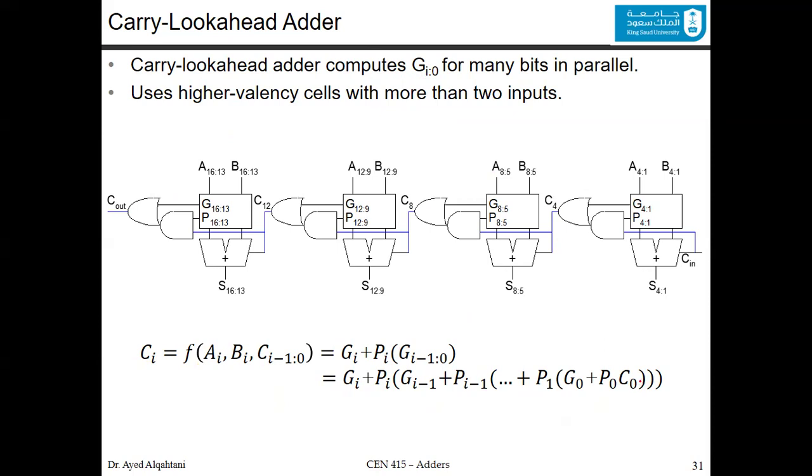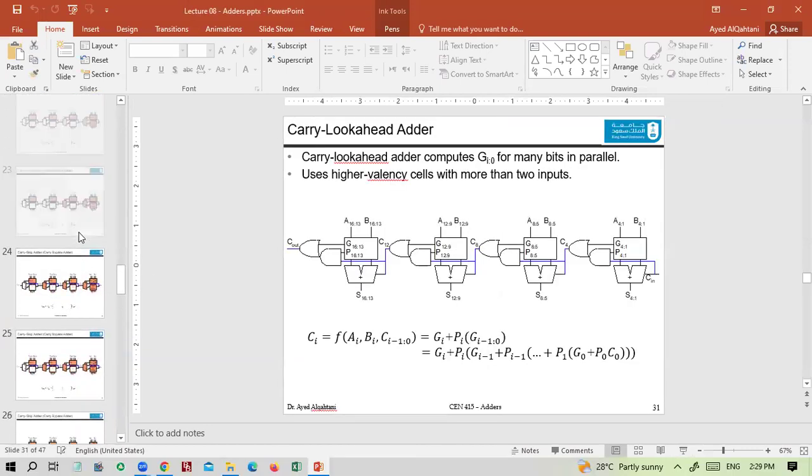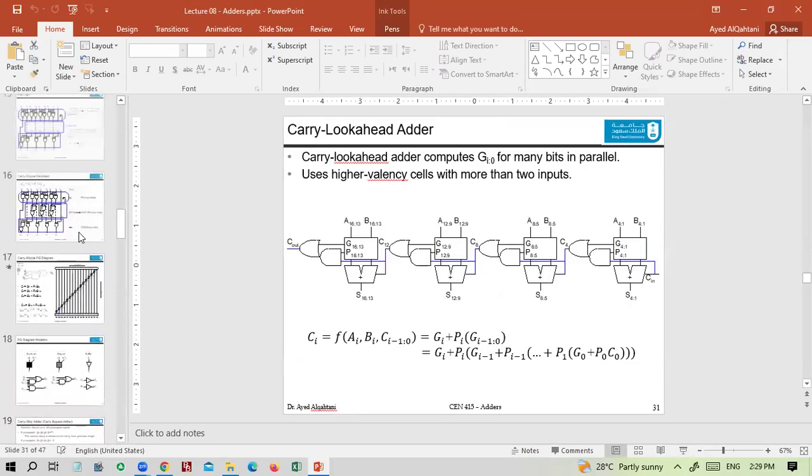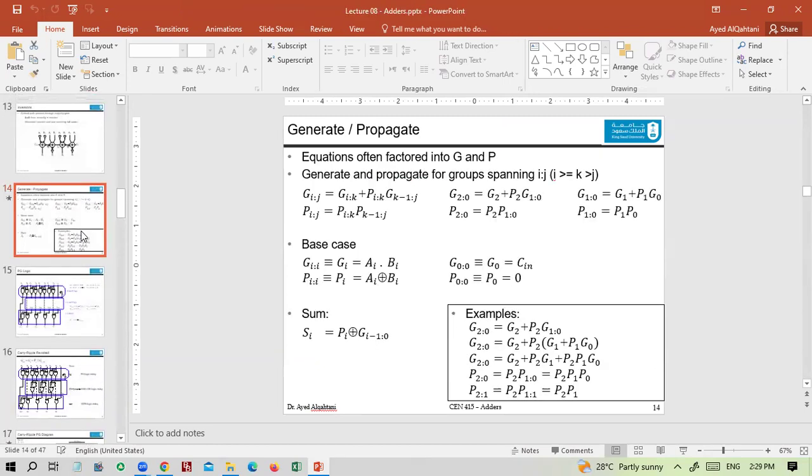And we did that previously when we talked about the carry propagation signal right there, which is here. We talked about it and we gave an example here when we said we have the generation from 0 to 2.